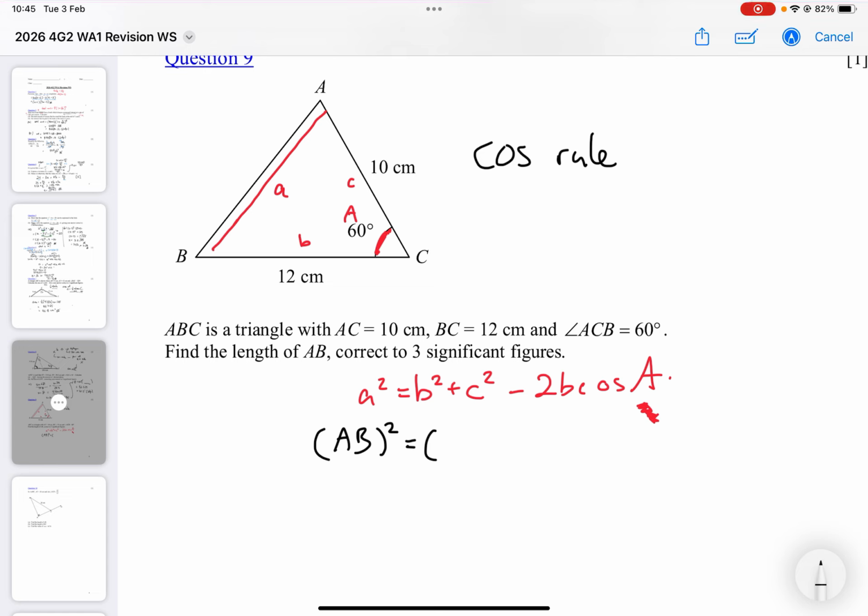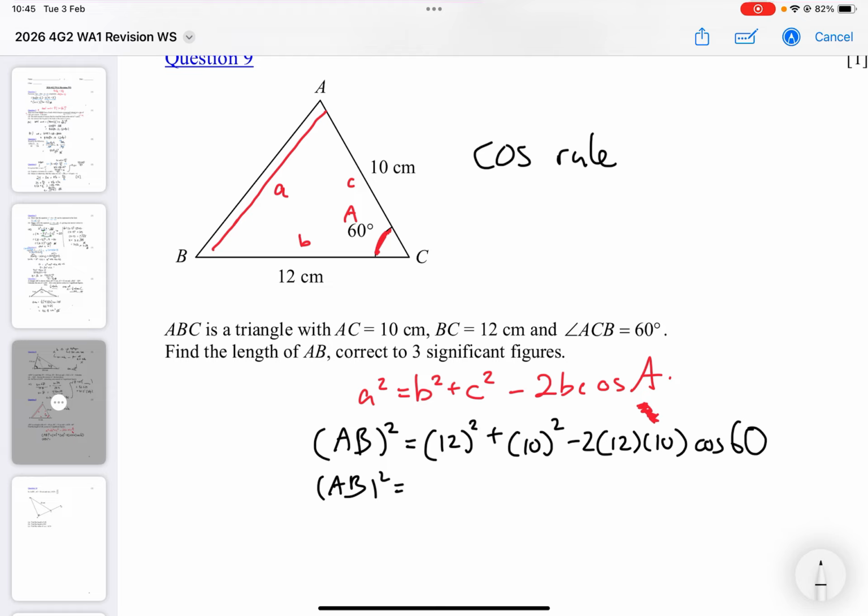If I put B as 12, then 12 is squared, then C will be 10, and 10 is squared, minus 2 times 12 times 10 times cosine, and my angle is 60. After I fill in all these things, the only thing I don't know is AB, the side that I want to find.